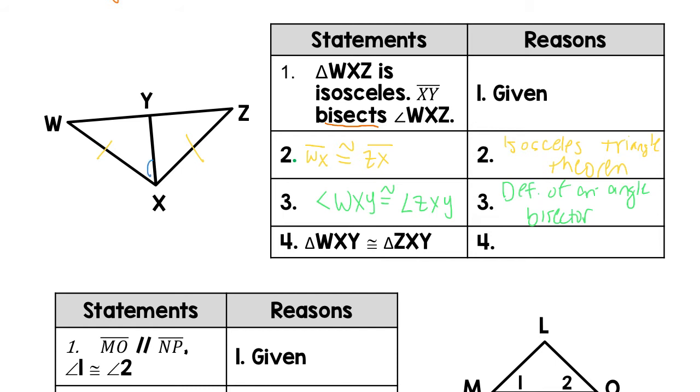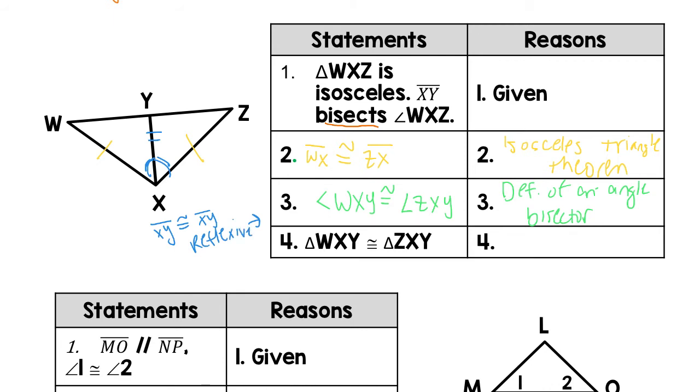Let's write what we've got here. Those two angles are congruent. We've got this side is congruent. Really, there should be an extra step in here, and it should say segment XY is congruent to segment XY because of the reflexive property.